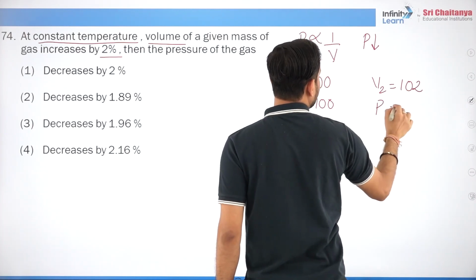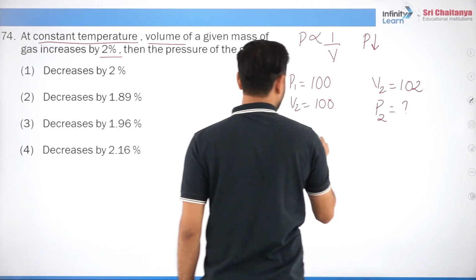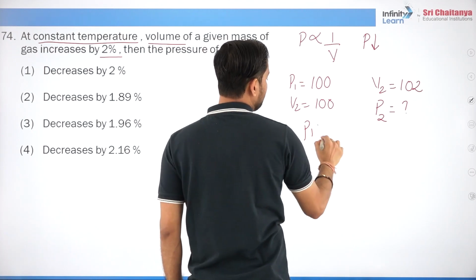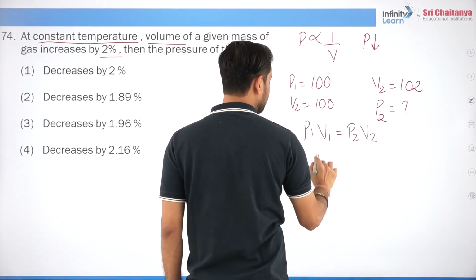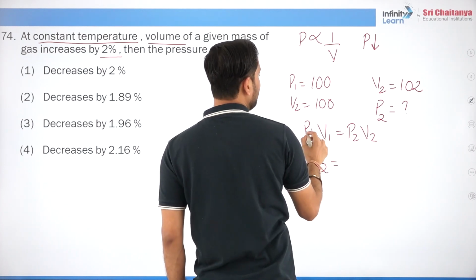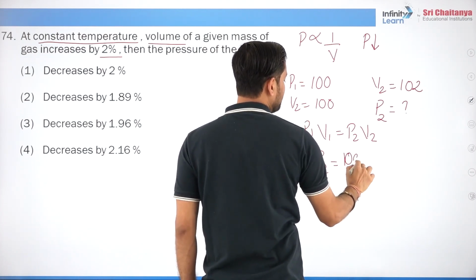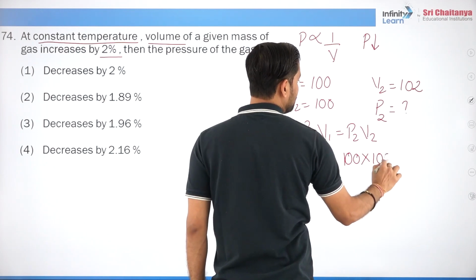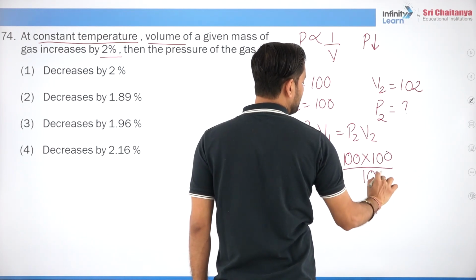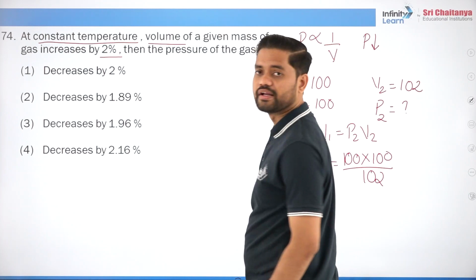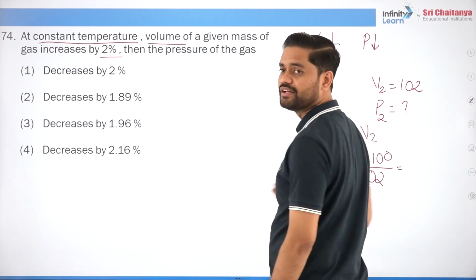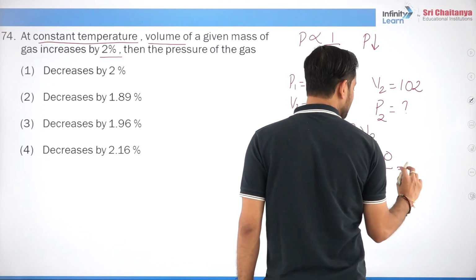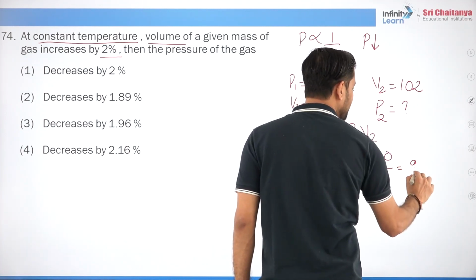So what will be P2? We know that P1 V1 is equal to P2 V2. Hence P2 will be equal to P1, which is 100, into V1, 100, whole divided by 102. If you do this calculation, its value comes out to be around 98.02.